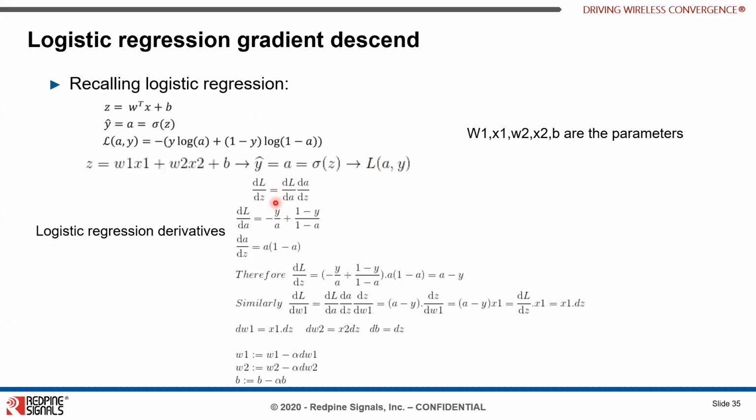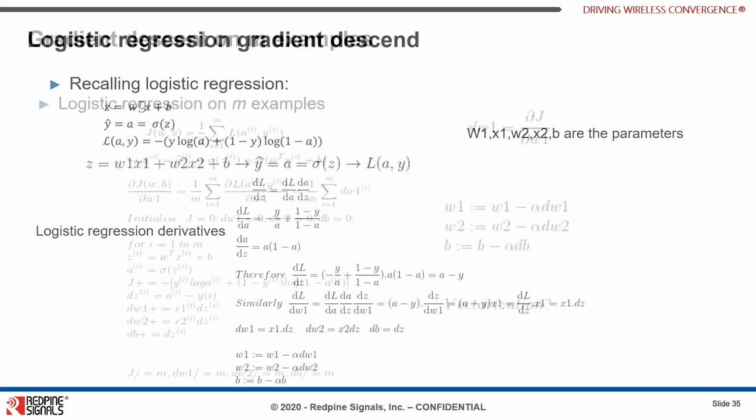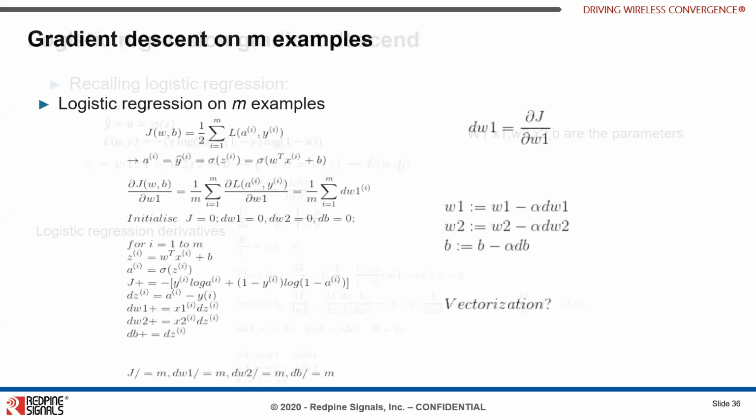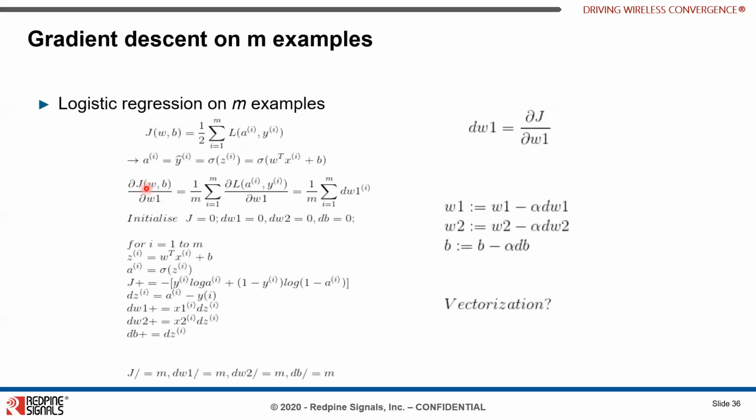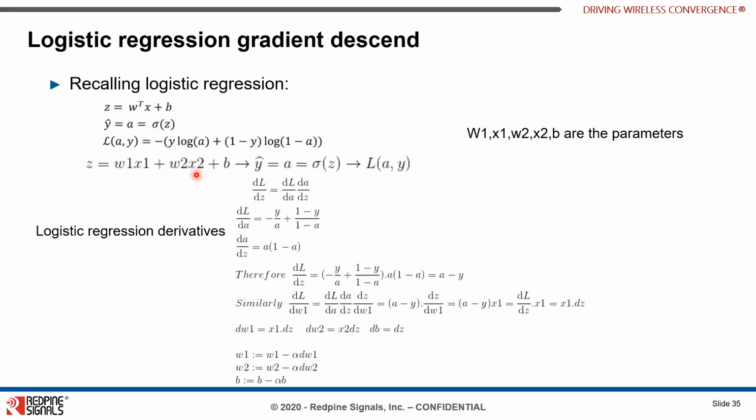So dl dz is dl dA into dA dz, with this particular notation. w1 x1 plus w2 x2 plus b is basically z, and after z we find sigma of z, that is a, then finally the loss.